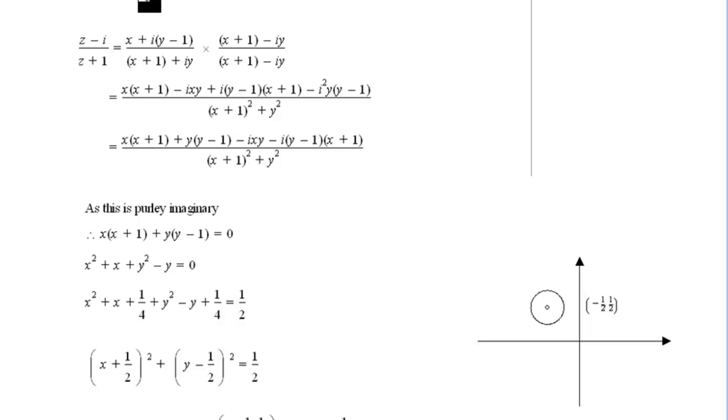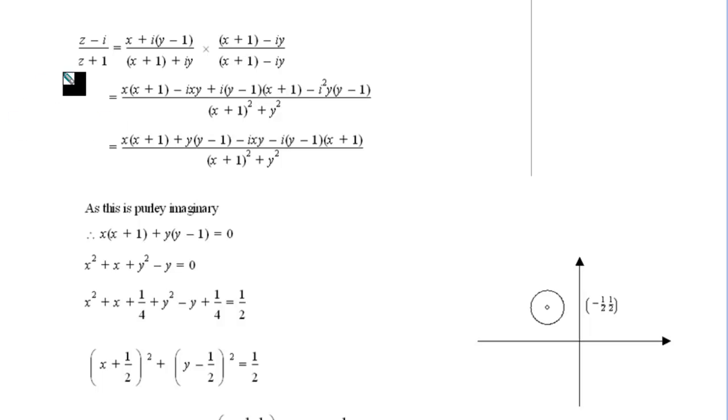Okay, question 3 here. This was a little bit harder. We're told that z is x plus iy and (z minus i) over (z plus i) is purely imaginary. We want the equation of the locus of the point representing z and to show this on the Argand diagram. So we want the situation where that division is purely imaginary.